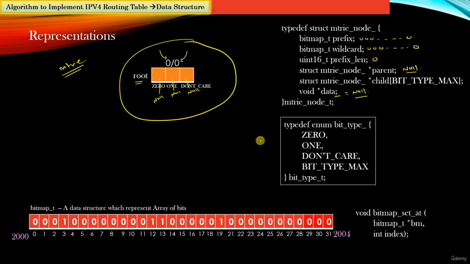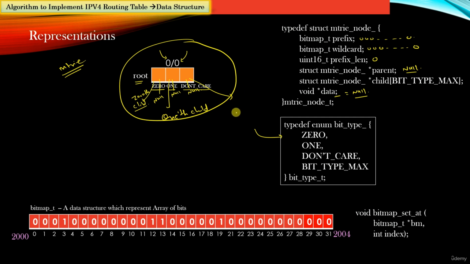Alright. Now coming to this enumeration, as I said, each mtry node is going to have 3 children. These children are indexed in the mtry node as 0, 1 and don't care children. We will discuss in detail when we discuss the algorithm what it means to say that this particular child is the 0th child, this is the 1th child, and this is the don't care child.